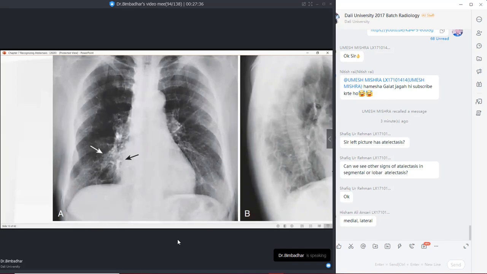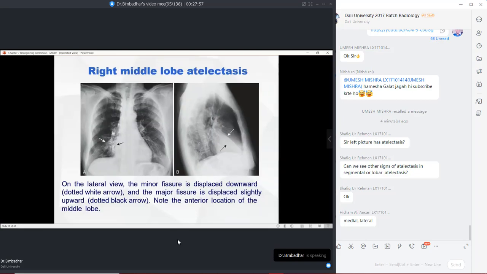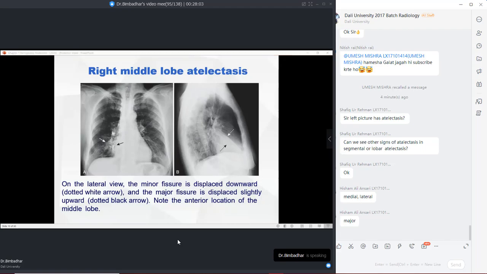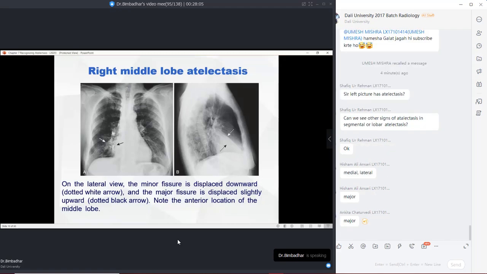Apply the tactic of atelectasis. Whenever there is atelectasis, there will be mobile structures and shifting of the major fissures or the minor fissures, right? So what is the fissure that divides the middle lobe and the lower lobe? The oblique fissure, the major fissure.